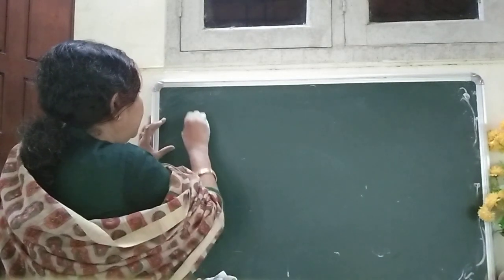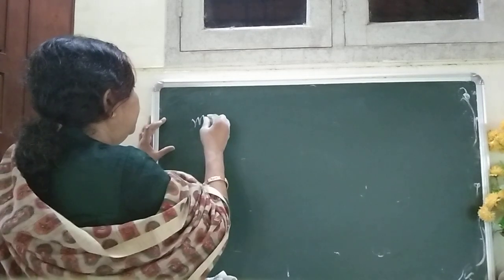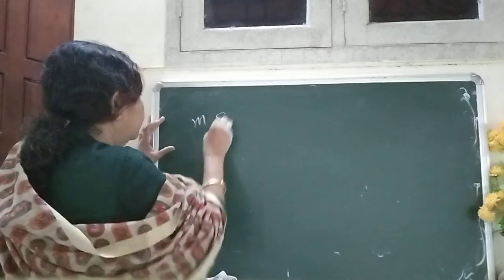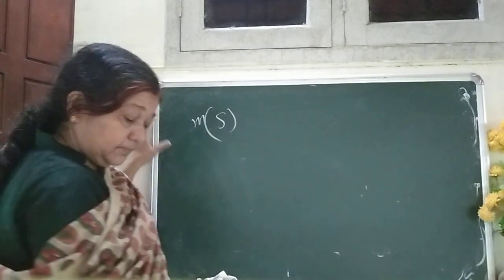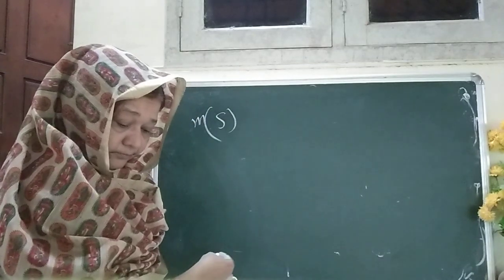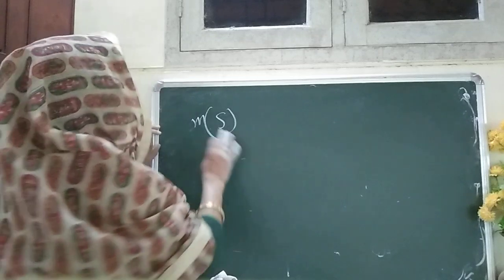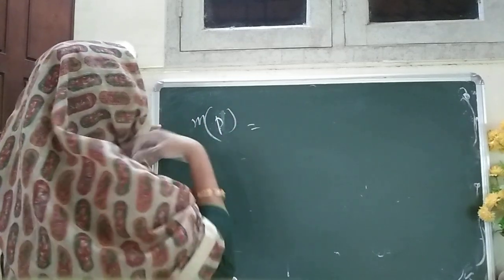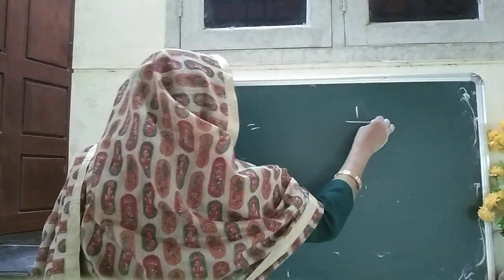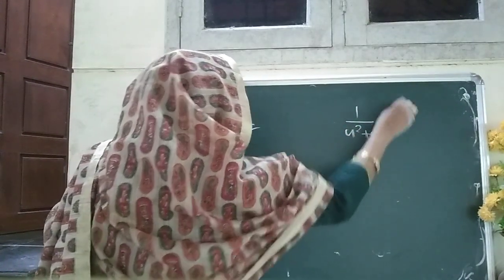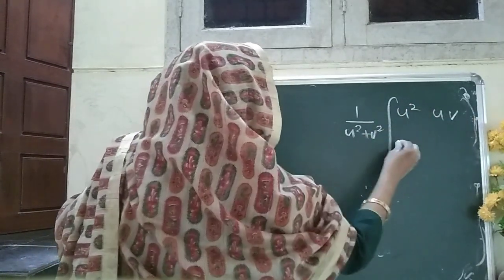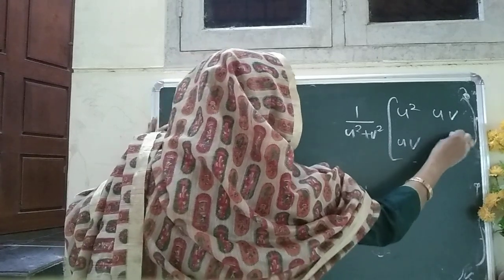Again, we can find the matrix for the projection. We know the matrix for P is 1 by (u square plus v square) times the matrix u square, uv, uv, v square.